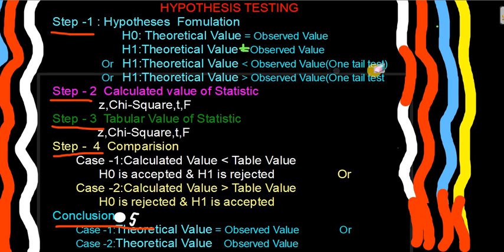In that case, we call it a one-tail test. The third possibility is that the theoretical value may be greater than the observed value. In that case, it is also a one-tail test. So this is about the first step, test of hypothesis.